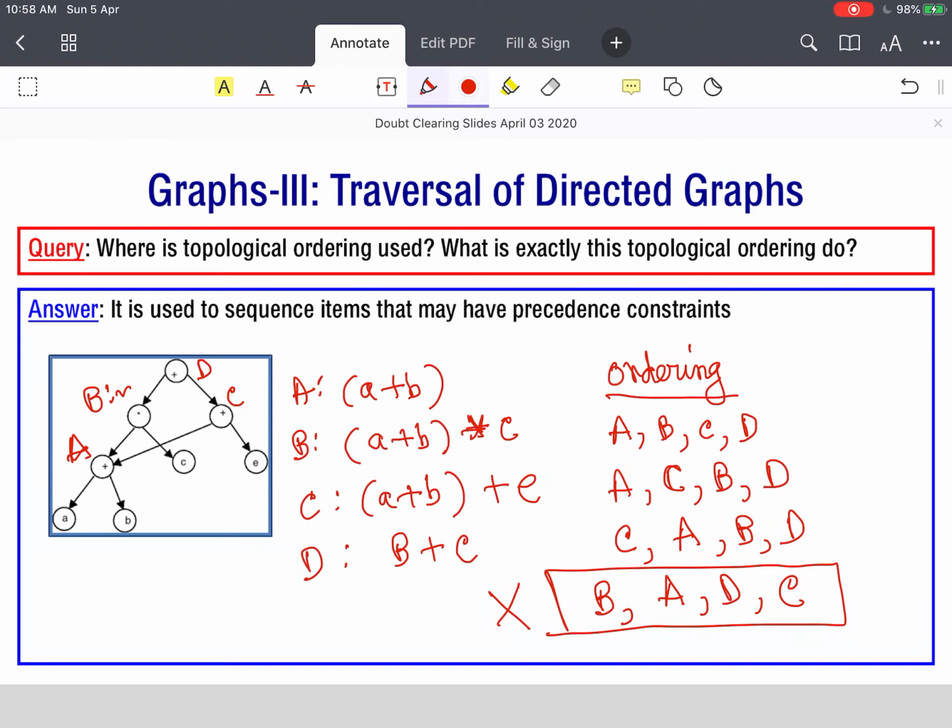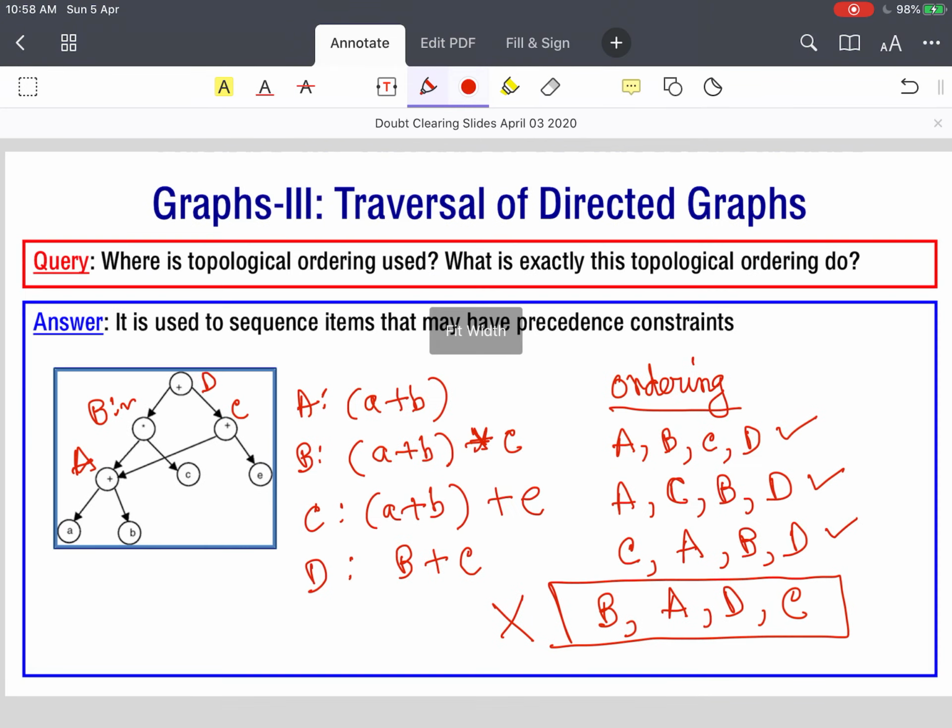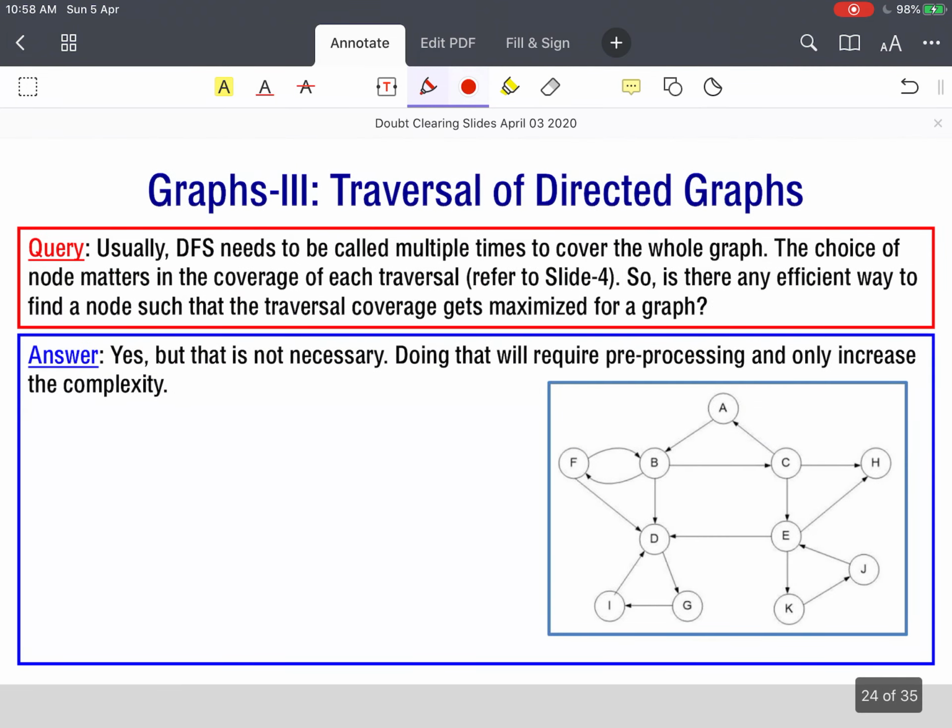This cannot be done because its preconditions or precedences are not met. So a topological ordering maintains the precedence constraints, and finding a topological ordering is important to find out how to evaluate. Here is an example of topological ordering.